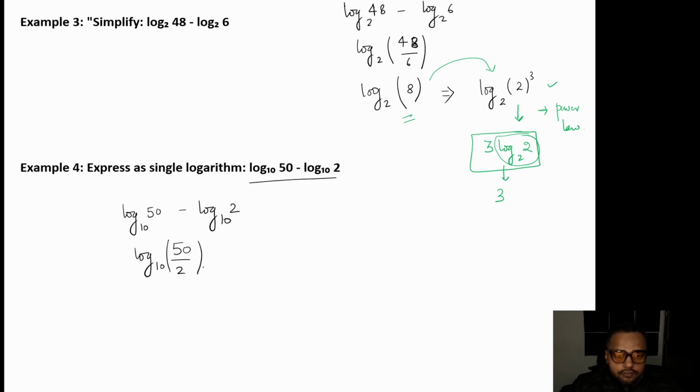Applying the quotient law, it can be written as log base 10 of 25. We needed to express this as a single logarithm, and we have already expressed it as a single logarithm. This was the solution of the first, and this was the solution of the second.